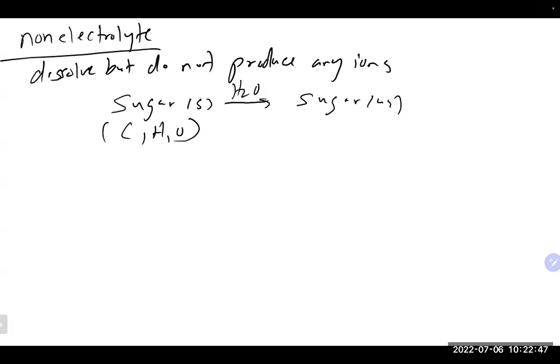Because you don't produce any ions, it will not conduct electricity. If you stuck a light bulb in a non-electrolyte, it would stay off. Any questions on that?